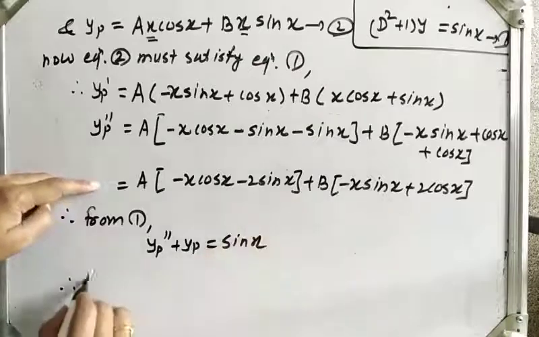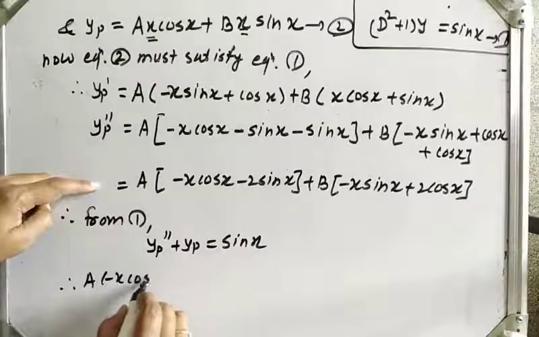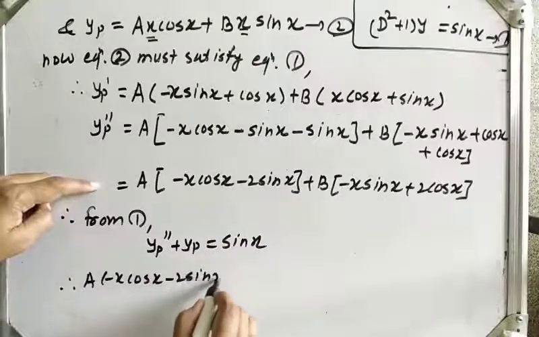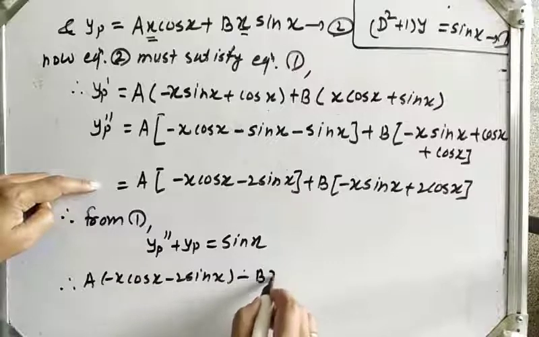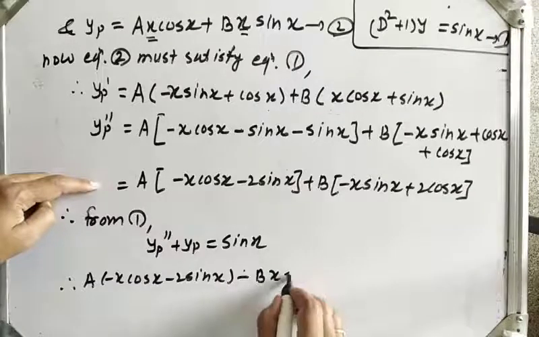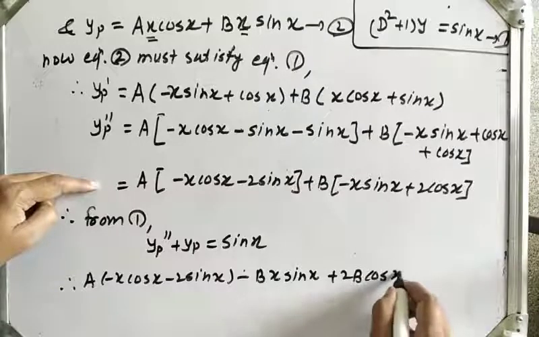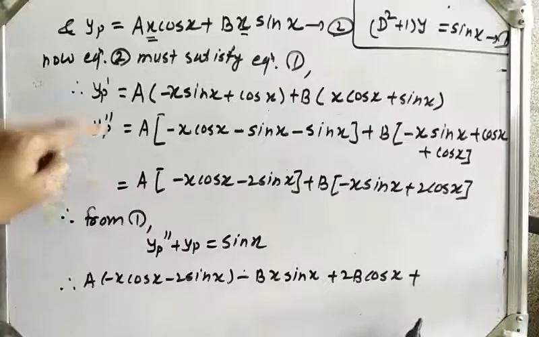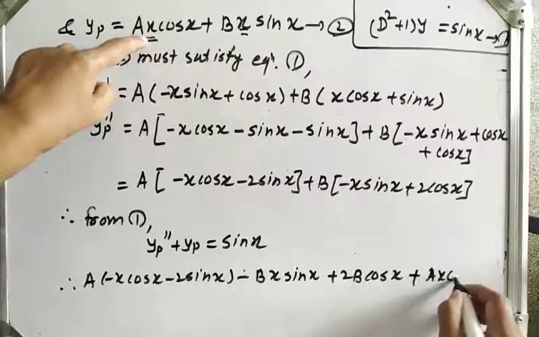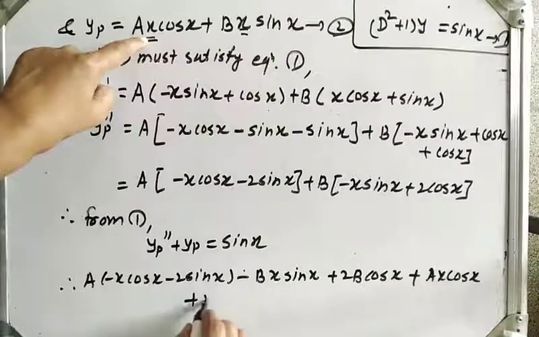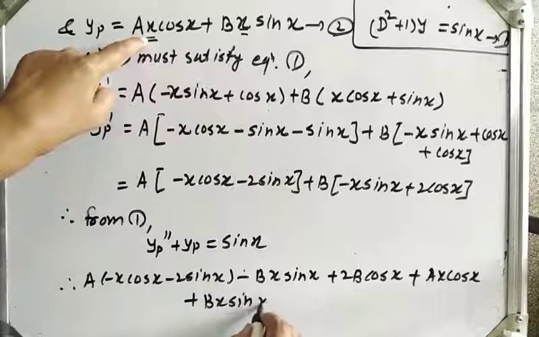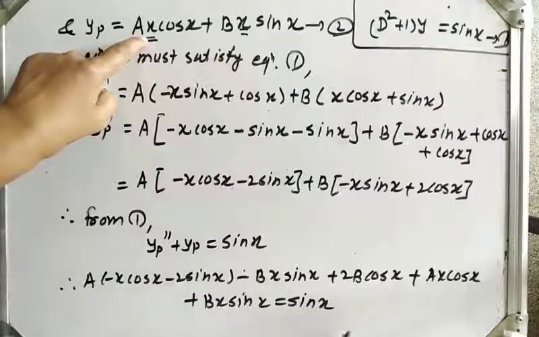Write down this: a (minus x cos x minus 2 sin x) minus bx sin x plus 2b cos x plus yp. yp is ax cos x plus bx sin x, is equal to sin x.